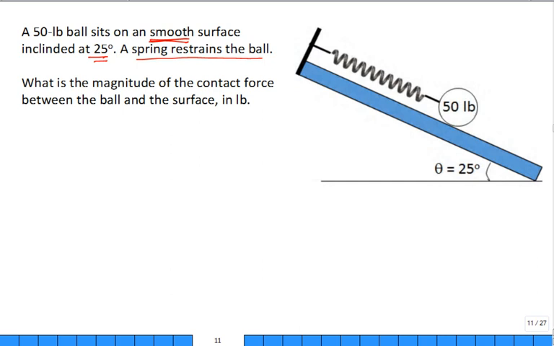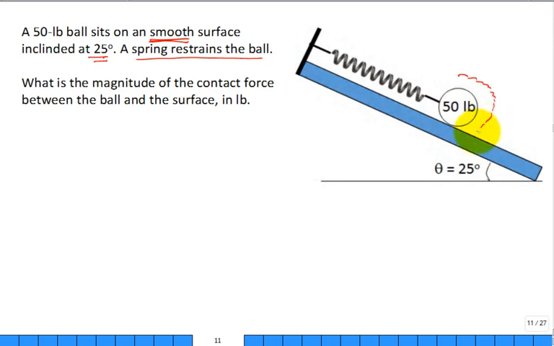How do you solve this problem? What's the first thing you want to do? Focus on something, cut it free, make a free body diagram. So I need to focus on probably the 50-pound ball, so I'm going to cut through air. Air exerts no force on the ball.